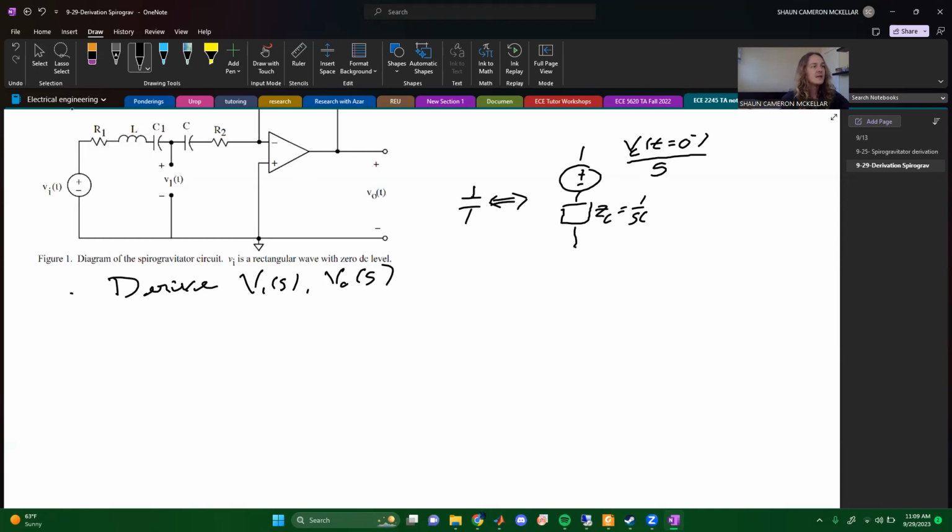It says whatever constant voltage the capacitor was charged up to before the switch.